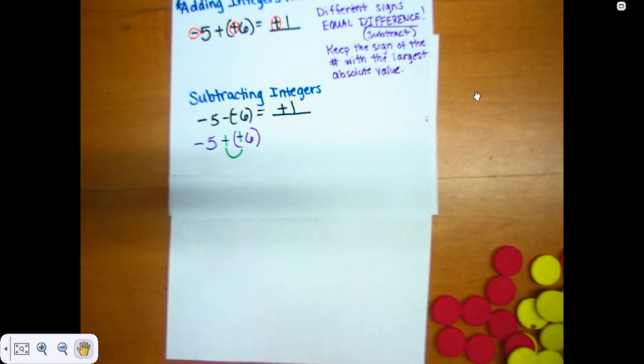Taking away a negative is really like, let's think about temperature. If you're making soup and you put ice cubes in your soup, those ice cubes are negative. You put them in so it lowers the temperature, right? Makes it less. Well, when you take that ice cube out, what does it do to the temperature?